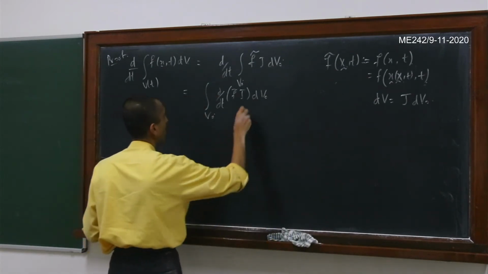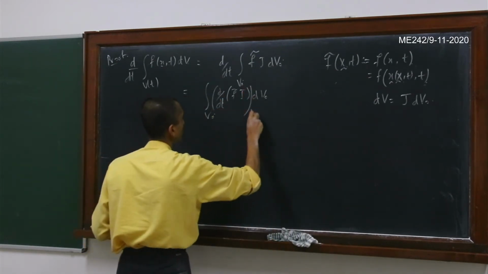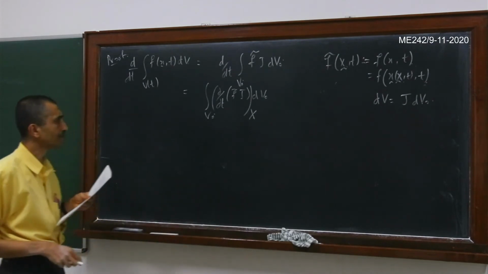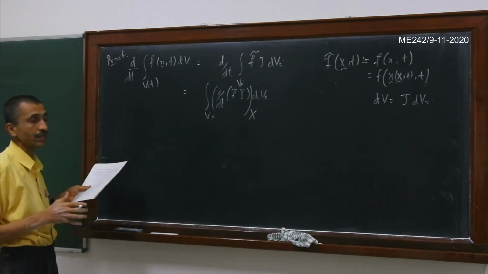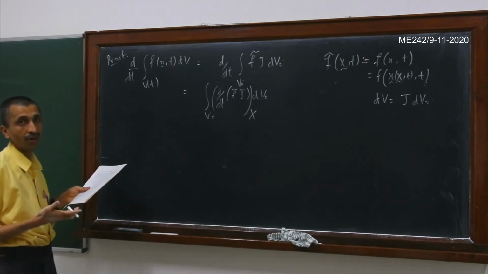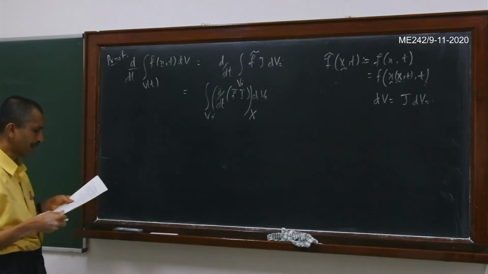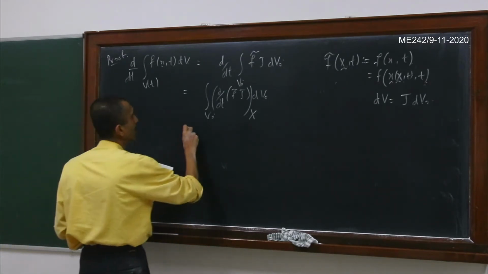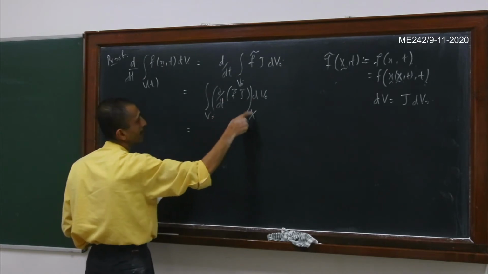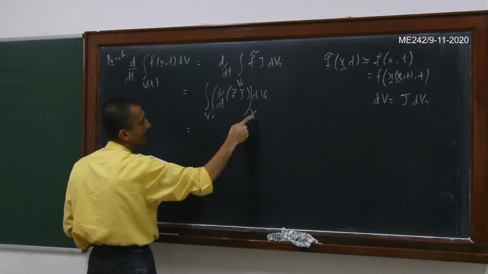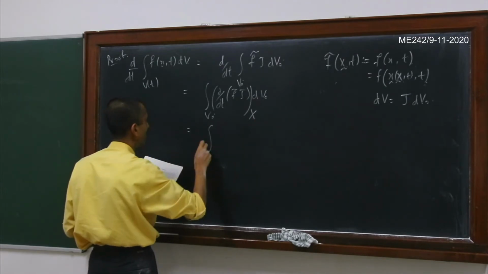Now this is all keeping capital X fixed, right? Because X is just the original position of each particle, so you keep it fixed while doing this differentiation. Any partial derivative keeping X fixed is nothing but the material derivative, which I defined in a previous class.